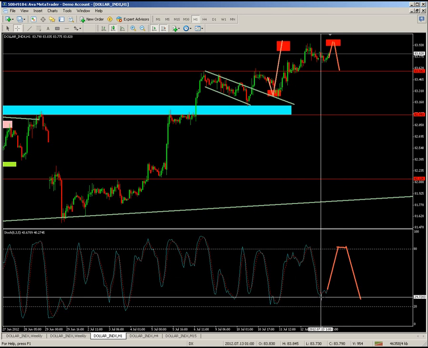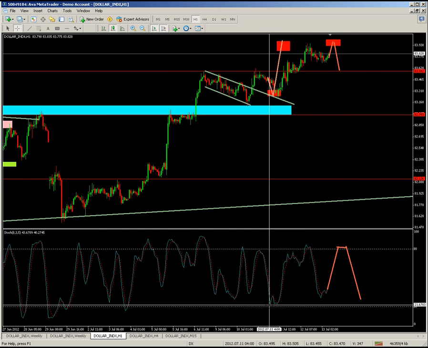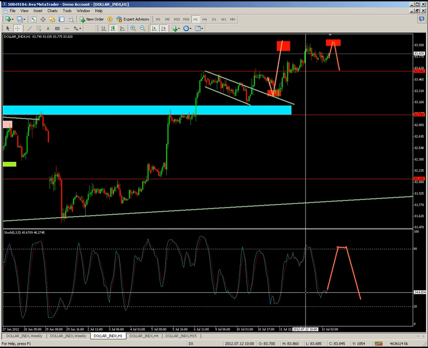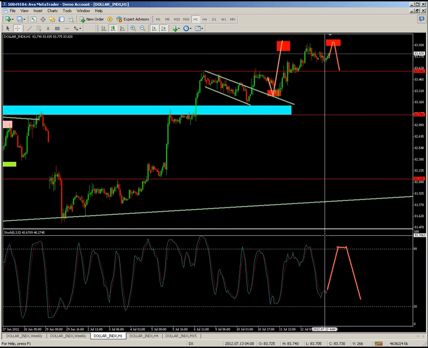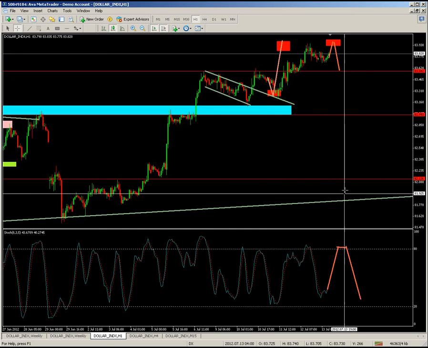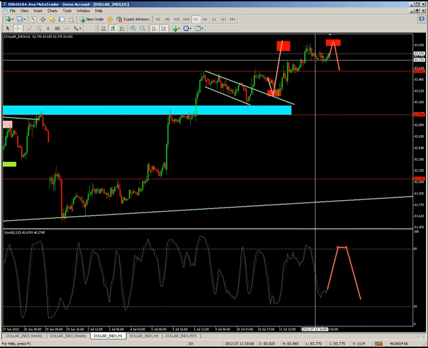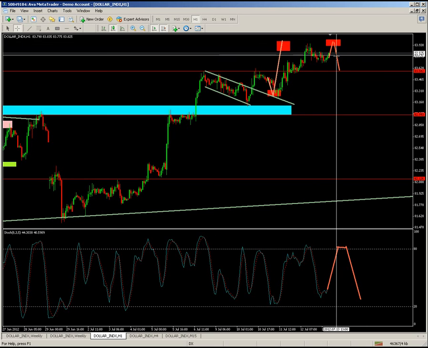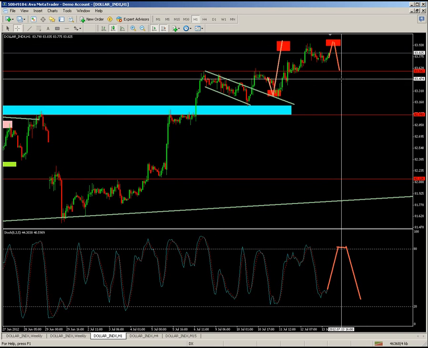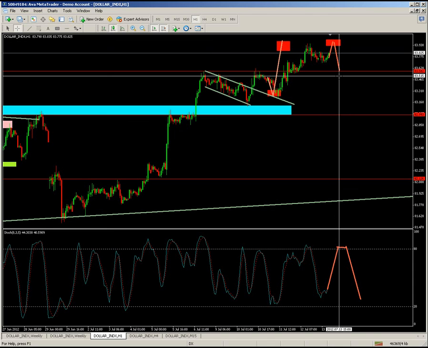It would be very nice if I get a confirmation on the stochastic intraday, and also it matches with my opinion that because it's a Friday, people are going to be reducing their risk. So a little retracement would be on the cards.